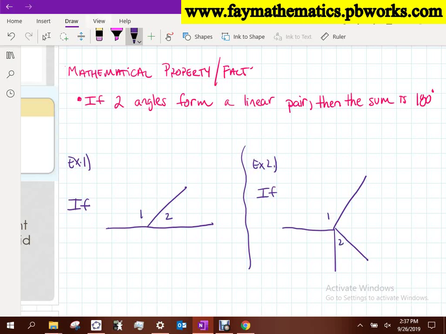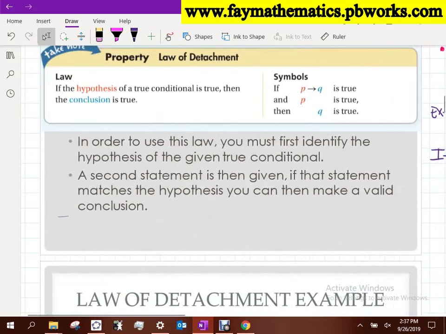All right. So, reading that says, if the hypothesis of a true conditional is true.